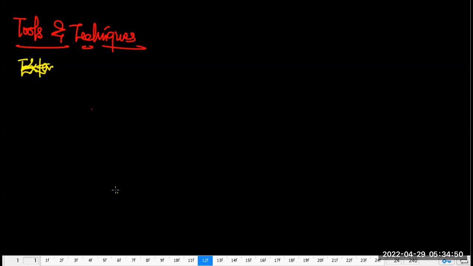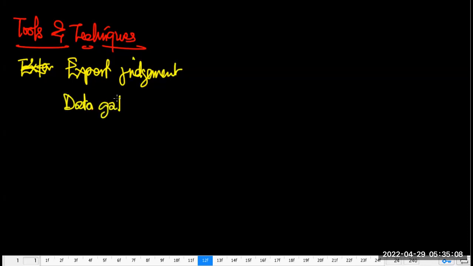One is expert judgment, which is still part. Then there is data gathering. At this stage, you are not just analyzing, you're gathering data because your goal is to identify risk. So you need to gather as much data as possible. And how do you gather the data?